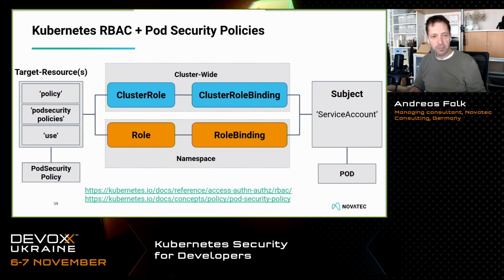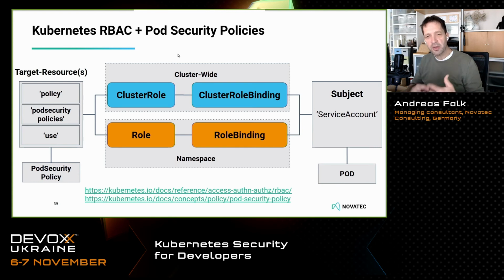You have to bind your policies by using service accounts to your specific pod. So you declare some pod security policy. You specify a role for that pod security policy as a target. Via role binding, you bind that to a service account and you specify that service account in your pod. And then you're using that pod security policy.